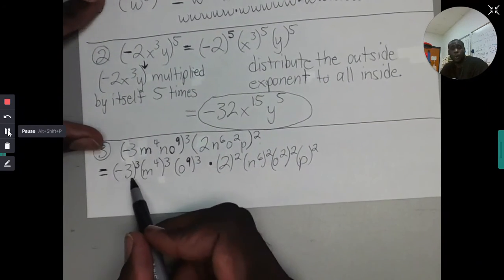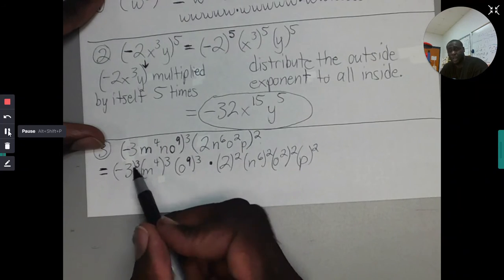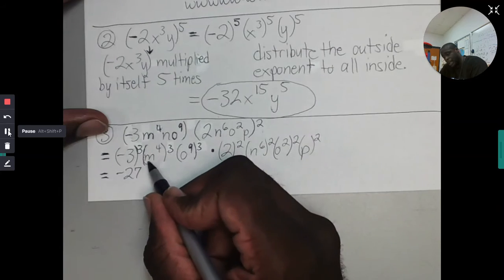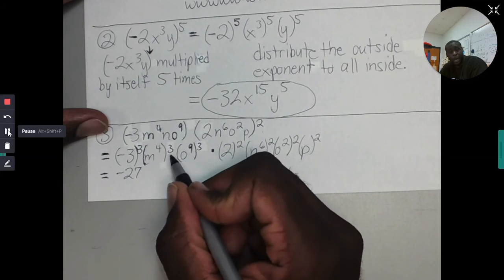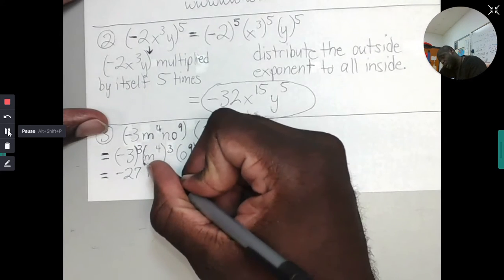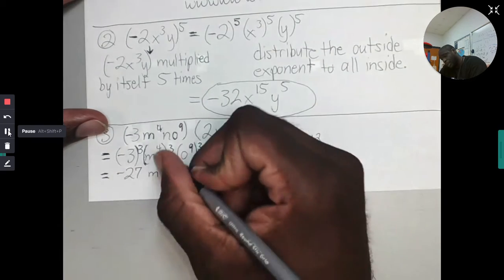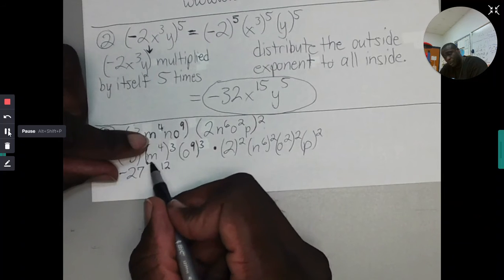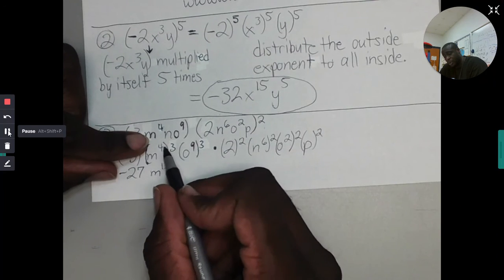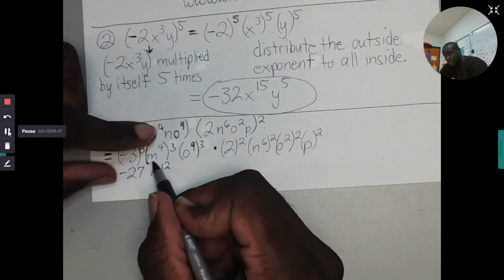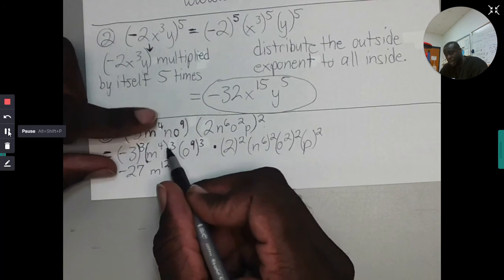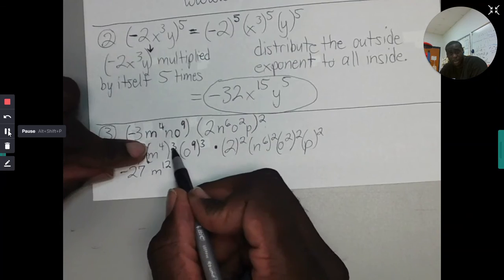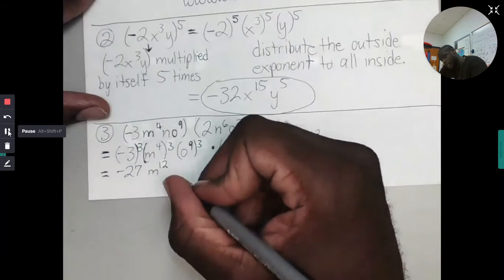Okay, so negative 3 raised to the third power. That is negative 27. Okay, m to the fourth raised to the third power. That's going to be m to the 12th power, because again, here you have four m's, and if you write that out 3 times, you'll wind up having a total of 12 m's, or if you multiply these exponents, a power raised to a power.